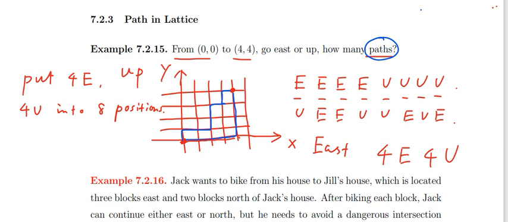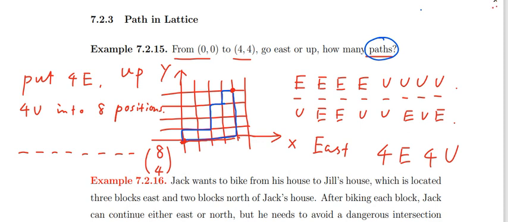So we have 8 positions, 1, 2, 3, 4. So we put 4E. How many ways? We just pick 4 positions from the 8 positions, so we have so many ways. Once we put the 4E, the other 4 positions should be 4U, no other choice, just one way.